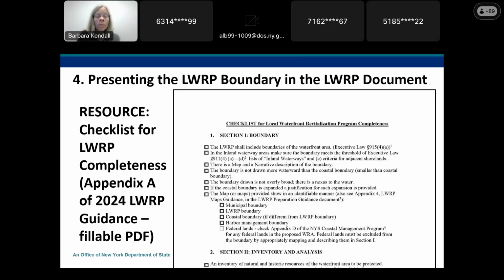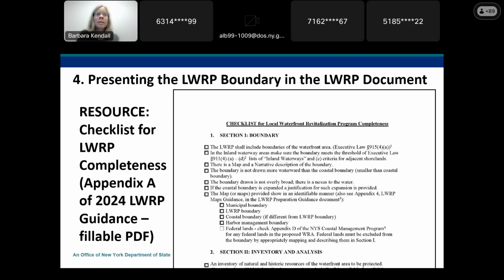It has requirements for section 1, boundaries; section 2, inventory and analysis; section 3, how the policy should be put together; section 4, the proposed land and water uses and projects; section 5, implementation; section 6, state and federal agency listings; and section 7, consultation and public involvement, and appendices that are needed.